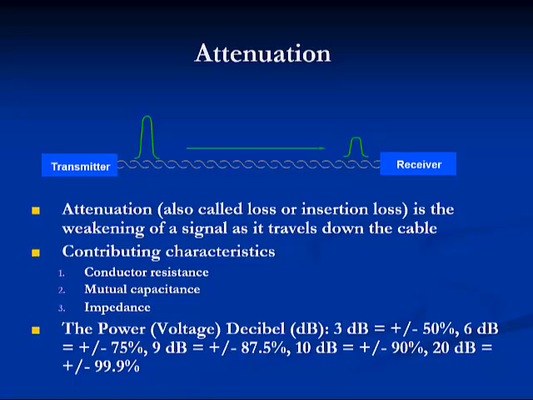In other words, if you have a 3 dB attenuation, you have a 50% signal loss. If you have a 6 dB, then you have a 75% signal loss. 9 dB is an 87.5% loss, and a 10 dB loss is a 90% signal loss.